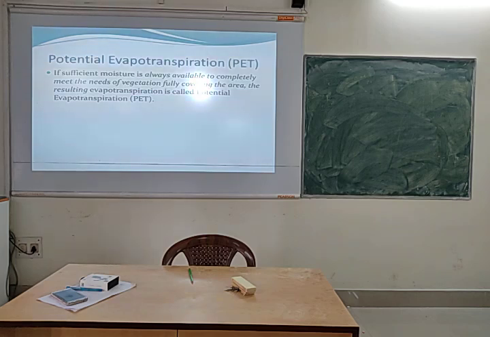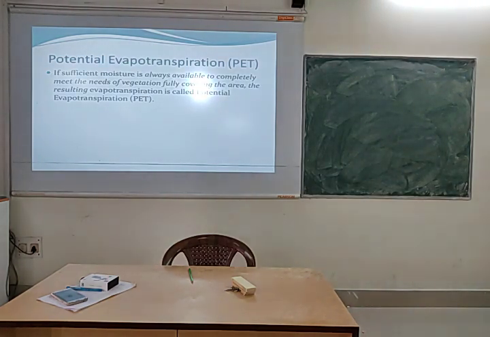Now, there is one another definition, that is called PET, potential evapotranspiration, and the definition is like this: if sufficient moisture is always available to completely meet the need of vegetation fully covering the area, the resulting evapotranspiration is called the potential evapotranspiration.